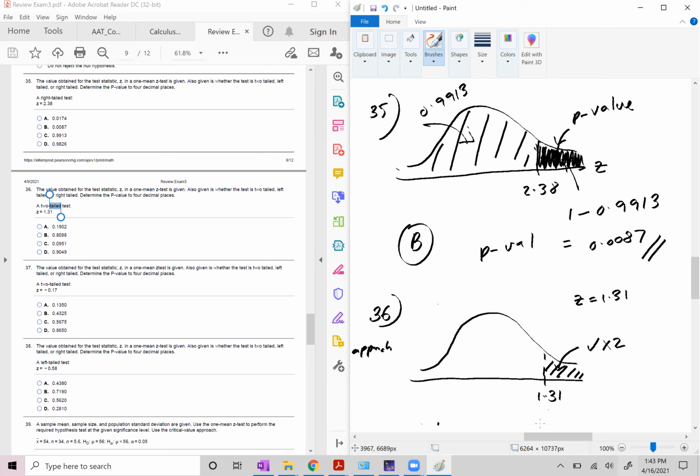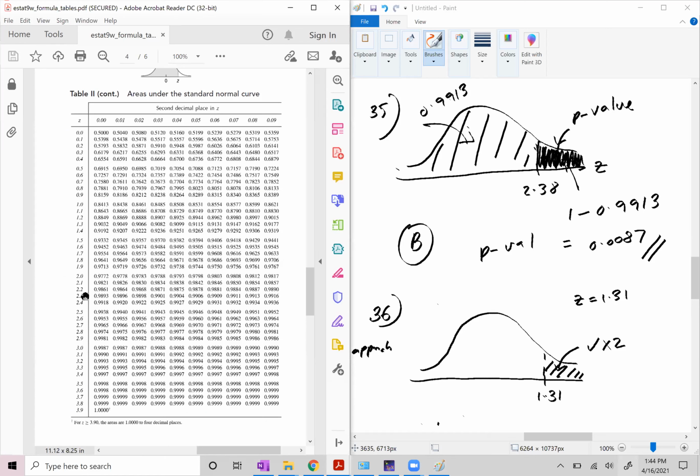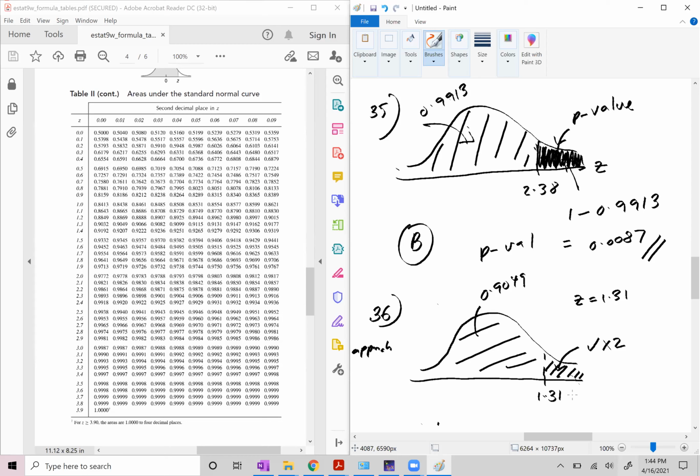So what is this answer? Let's look for 1.31. It gives me 0.9049, but this is the area to the left, so I need this part, which is 1 minus 0.9049, which is how much?